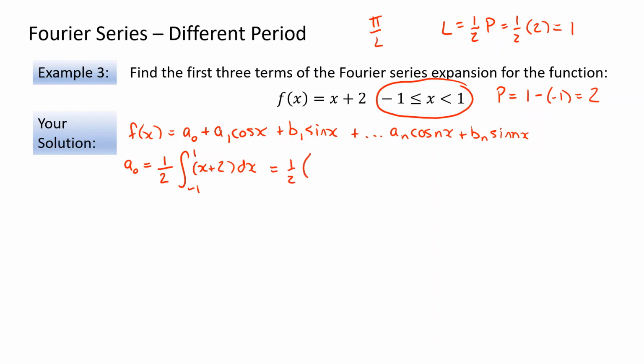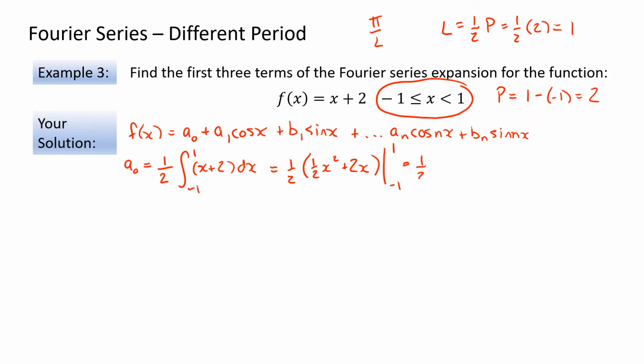So the integral of x, remember using the power rule, would give you 1/2 x squared. And the integral of 2 would give you 2x. So it's plus 2x. And that is evaluated at 1 and -1.